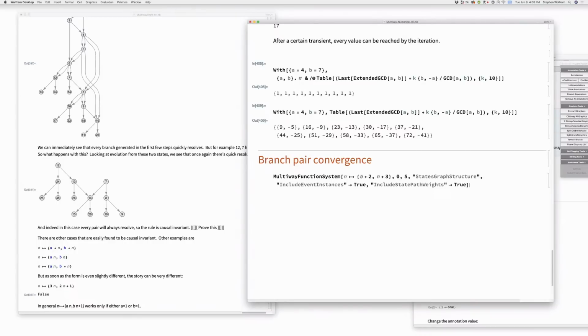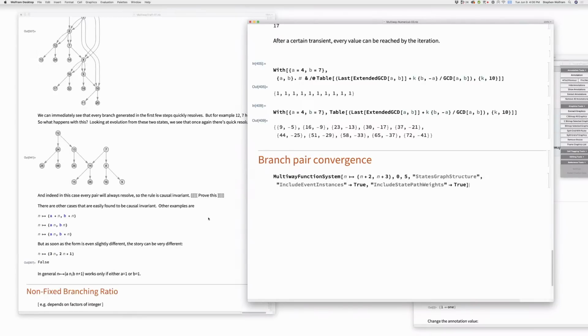Well, let's see, what was it? It was 3n, 2n+1. Okay, we got this, and we want to look at branch pairs.